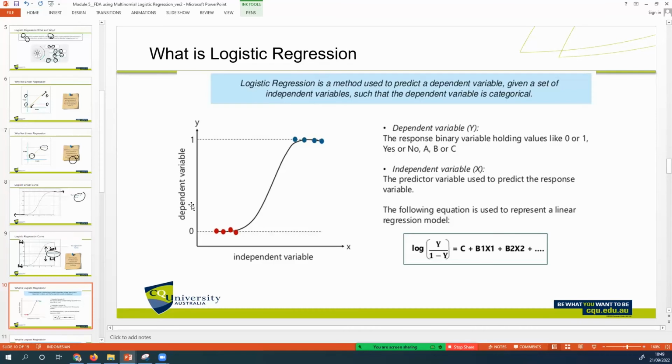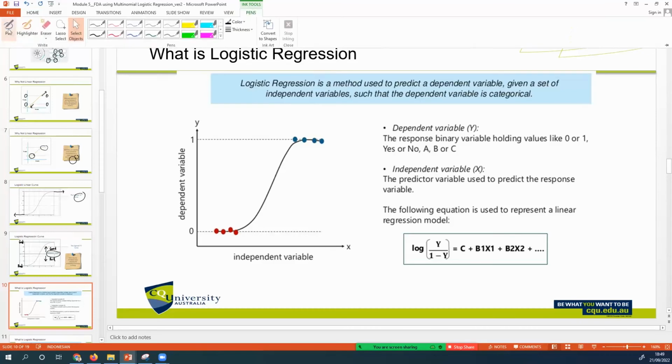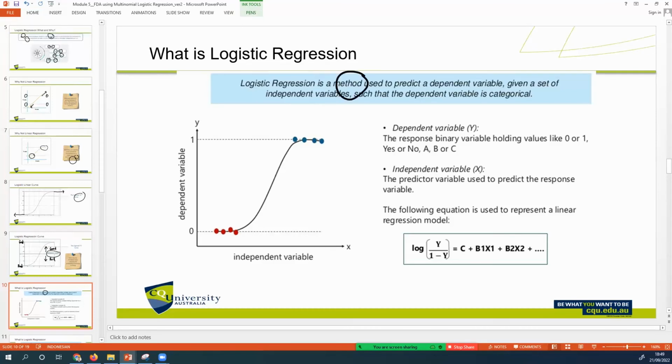So logistic regression is a method used to predict a dependent variable given a set of independent variables such that the dependent variable is categorical, which is 1 or 0 if binary. To bend the line, we use the following equation. Yeah.